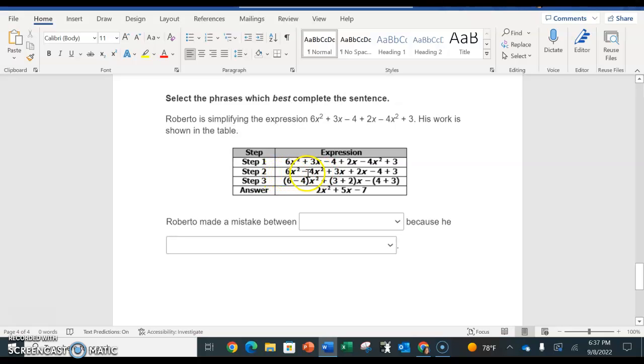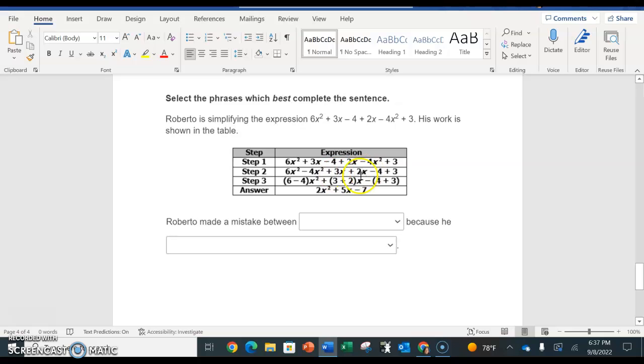So then he pulled out the 6 and negative 4 times x squared. So you can do that. That's just distributive property, kind of backwards from the way we normally look at it. So x squared times 6 would be this, and x squared times negative 4 would be this. So again, that's just another way to look at distributive property.